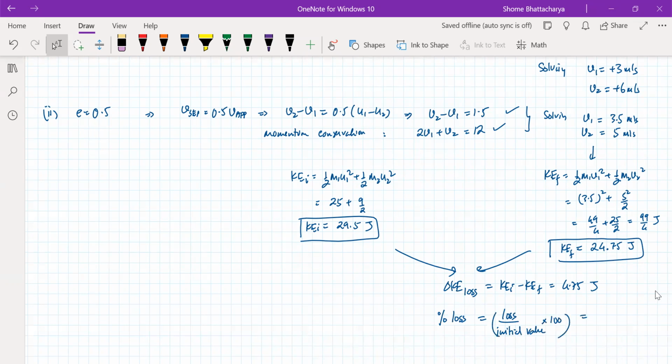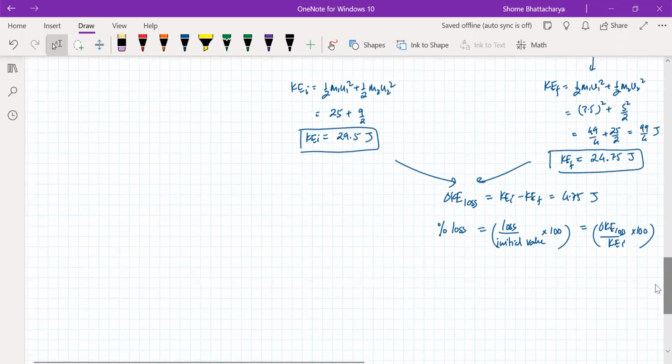In this case, it is the loss in kinetic energy divided by the initial kinetic energy expressed as a percentage. So that is nothing but 4.75 expressed as a percentage of 29.5.